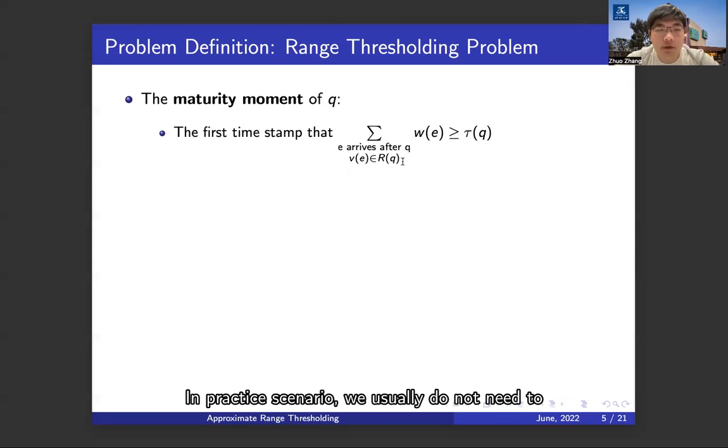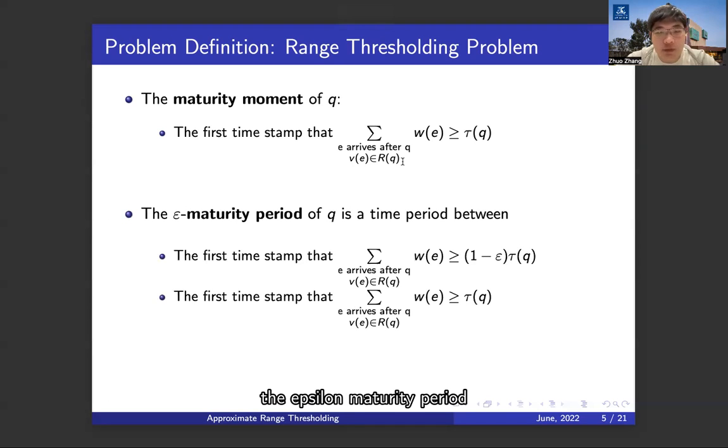In practical scenarios, we usually do not need to track the exact maturity moment for the query. We just want to receive notifications when the query is about to mature very soon. So we extend the maturity moment to a more generalized concept, the epsilon maturity period. It is a period starting from the first time step that the weighted sum exceeds (1 minus epsilon) times tau and ending with the maturity moment.